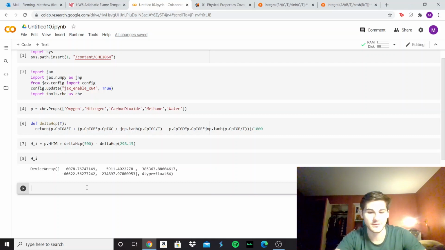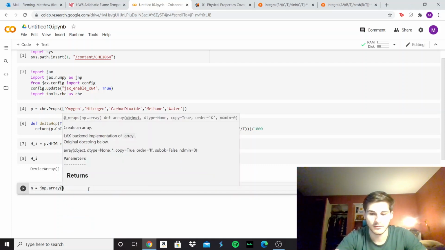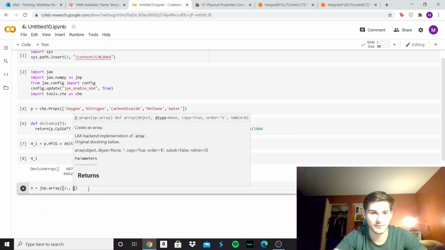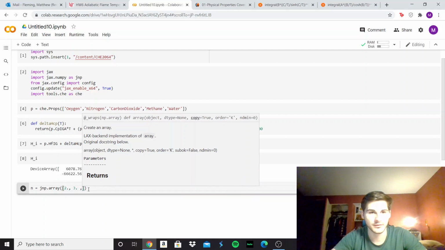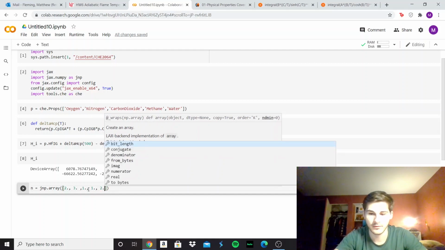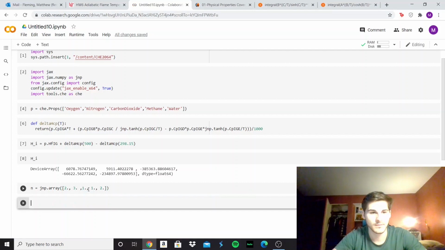So to do that, we can make an array, and this array is just going to be the number of moles for each specific component here. And we'll say we want 2 moles of oxygen, 3 moles of nitrogen, a mole of carbon dioxide, a mole of methane, and maybe 2 moles of water.